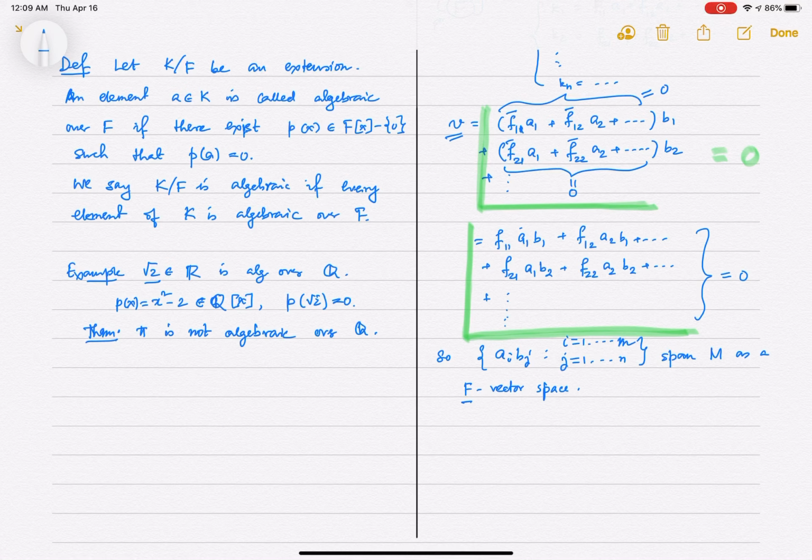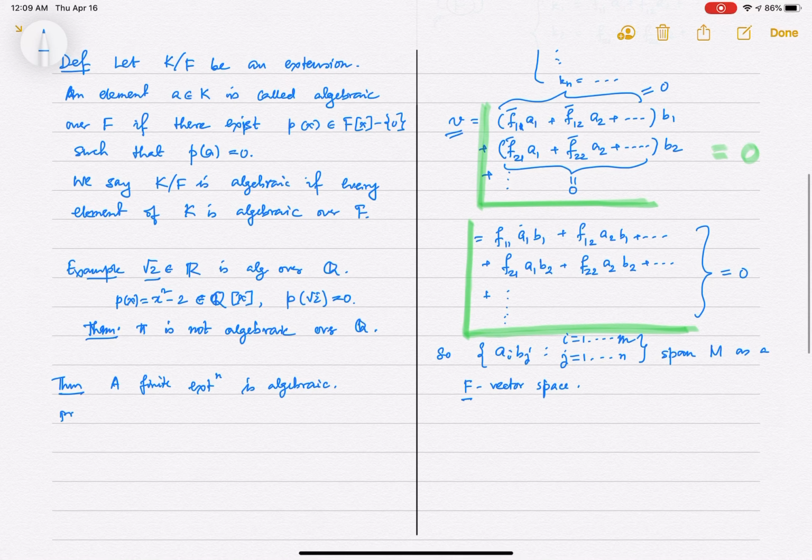Well, what relates these algebraic extensions with finite extensions is this theorem: a finite extension is necessarily algebraic. And this is surprisingly straightforward. Let K over F be a finite extension.